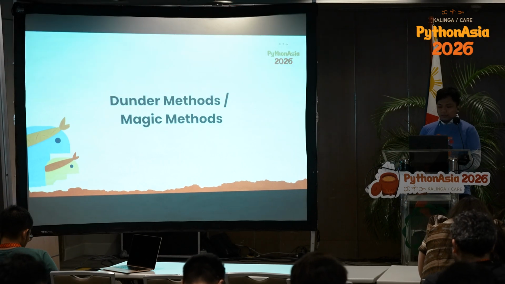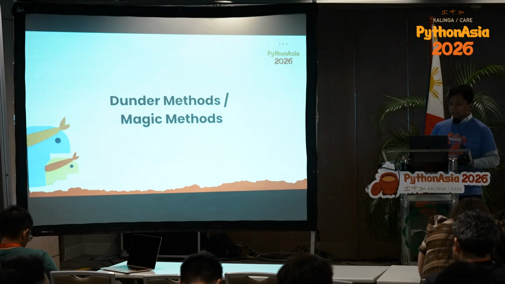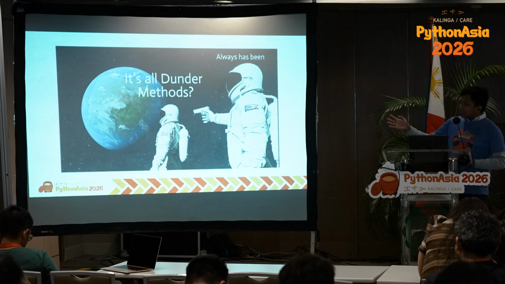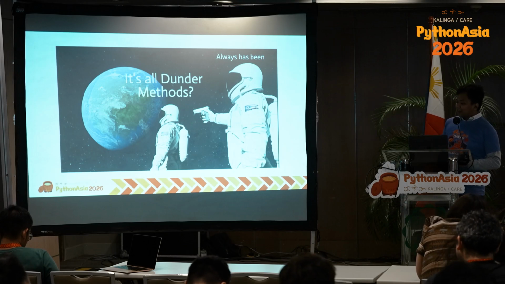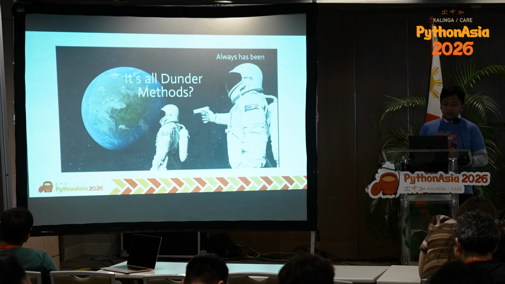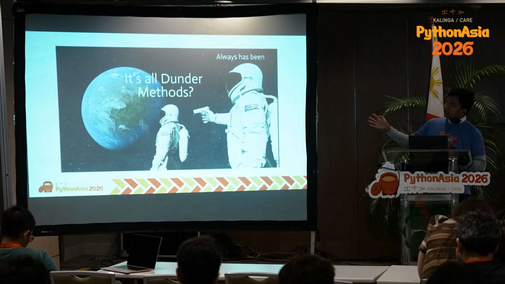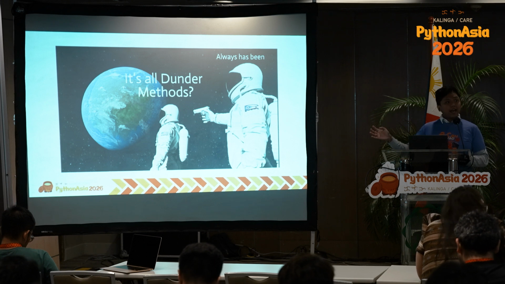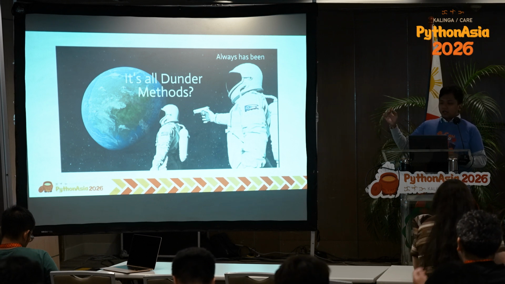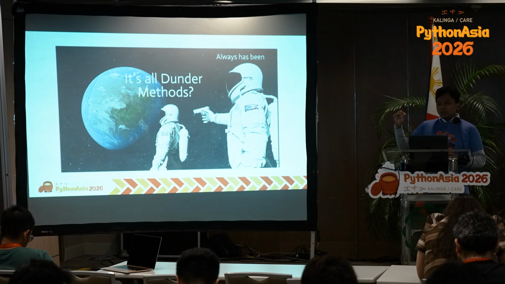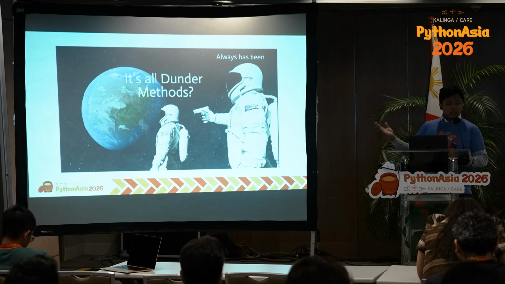I said earlier that everything has Dunder methods, and everything that you use is actually defined by Dunder methods. As I shared earlier, even add, subtract, even representing it as a string, is also a Dunder method.